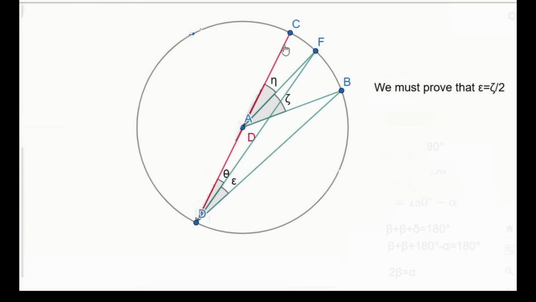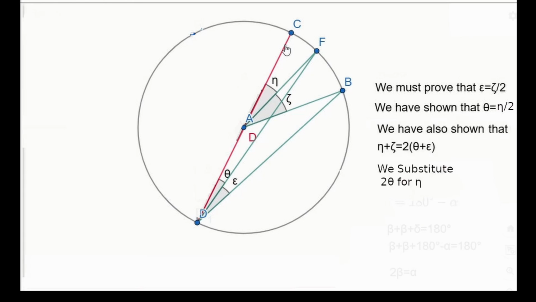From the previous proof, we already know that if one side of an inscribed angle passes through the center, as angle theta does in this figure, and theta and the central angle eta subtend the same arc, then eta equals 2 theta. We can also see from the figure that eta plus zeta equals 2 times the quantity theta plus epsilon.